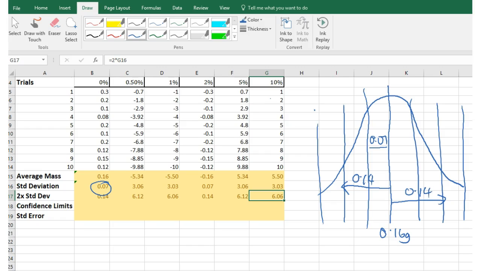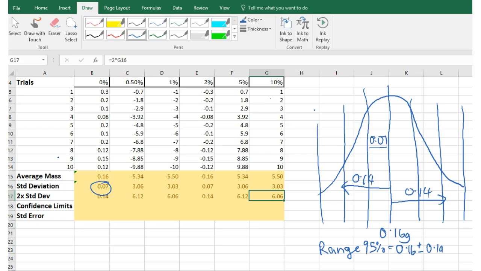Another way of writing that is what we call a confidence limit or a range. Where does 95% of my data lie? It will be whatever my average is, 0.16 plus or minus 0.14 grams.